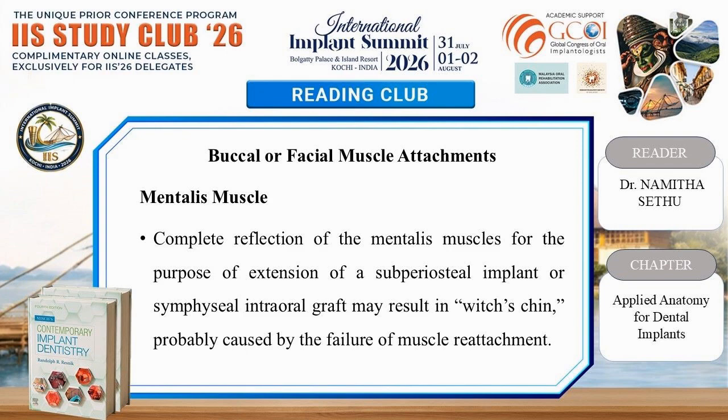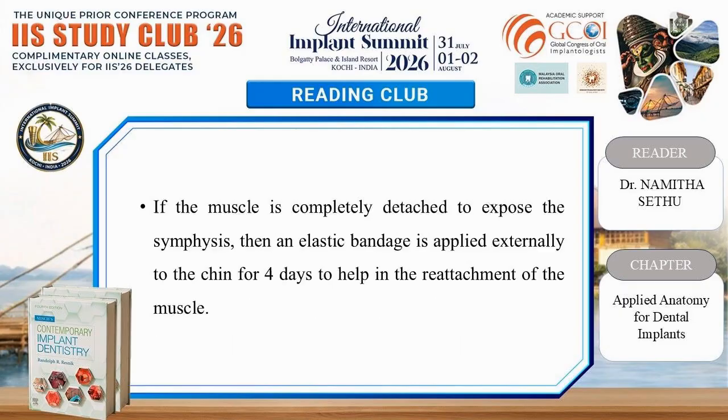Complete reflection of the mentalis muscles for the purpose of extension of a subperiosteal implant or symphyseal intraoral graft may result in wet skin, probably caused by the failure of muscle reattachment. If the muscle is completely detached to expose the symphysis, then an elastic bandage is applied externally to the chin for 4 days to help in the reattachment of the muscle.